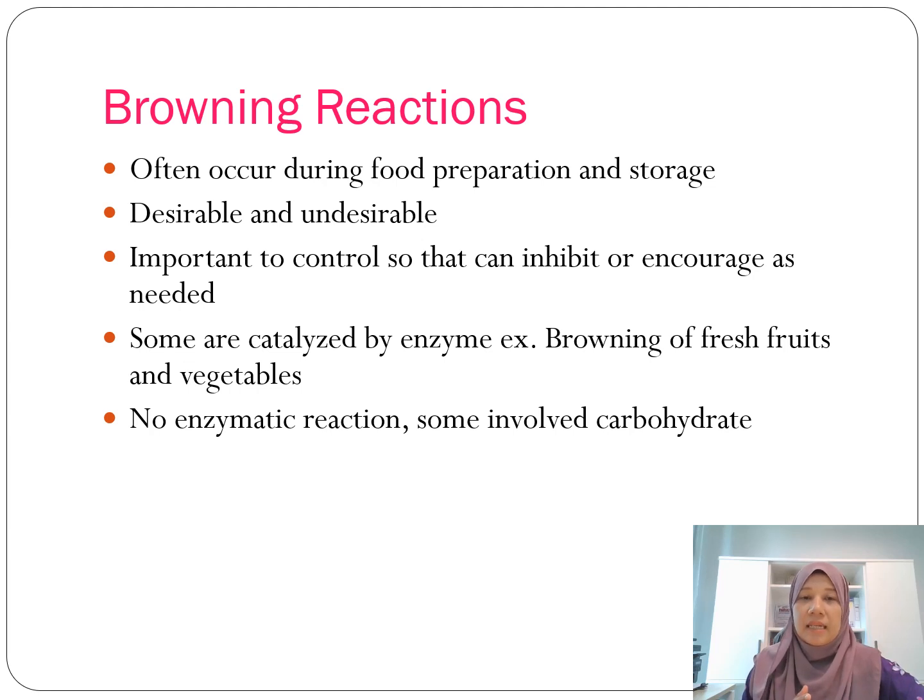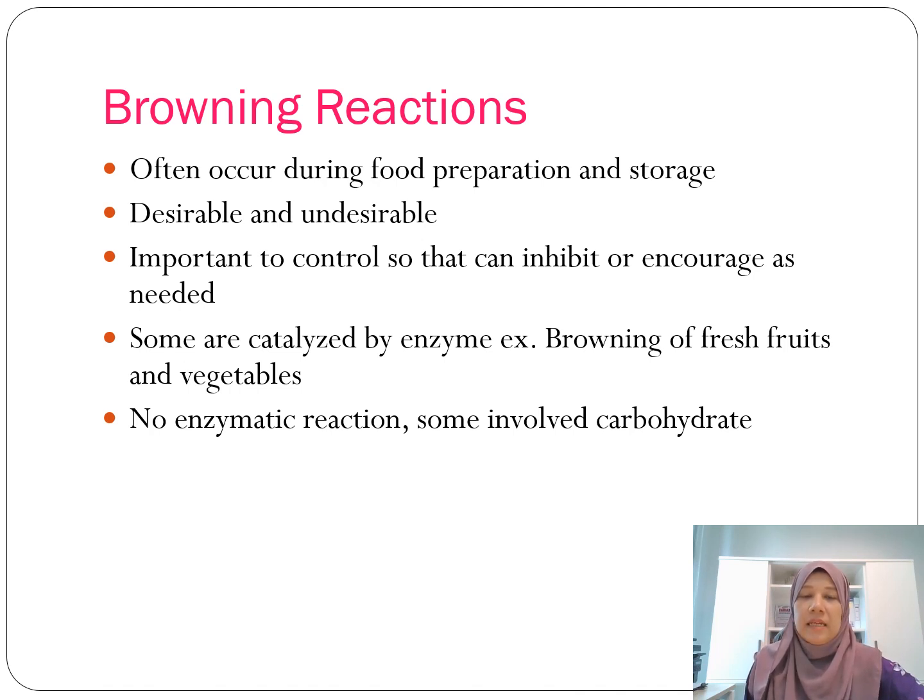So it is an enzymatic browning process. Some of the browning processes are desirable to people, but some are undesirable, so it is important to control, to inhibit or encourage as needed.